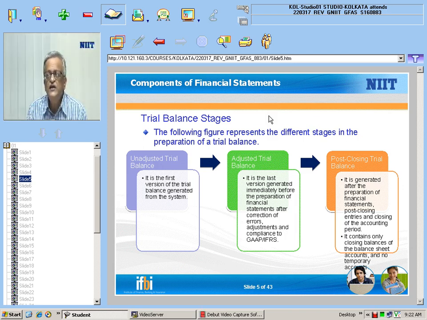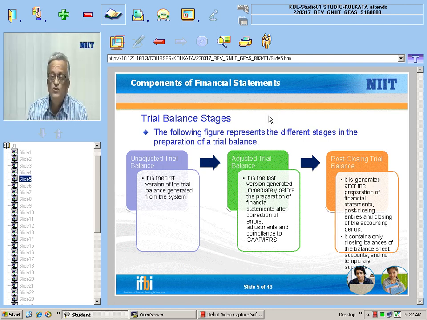It contains only the closing balances of balance sheet accounts and no temporary accounts. The main purpose of this post-closing trial balance is to ensure that the trial balance does not contain any items of temporary accounts.